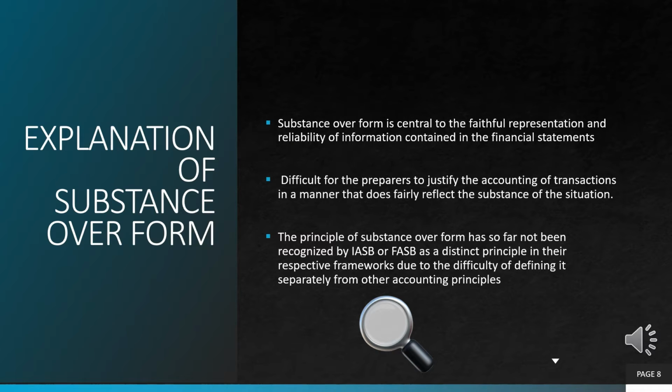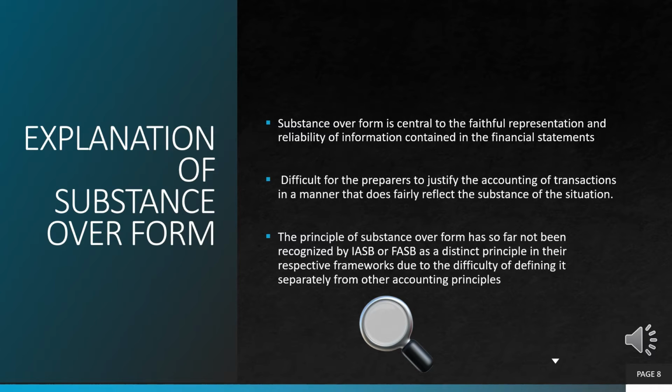Explanation of substance over form. The concept of substance over form is central to the faithful representation and reliability of information contained in the financial statements. By placing the responsibility on the preparers of the financial statements to actively consider the economic reality of transactions, it will be more difficult for preparers to justify accounting for transactions in a manner that does not fairly reflect the substance of the situation.